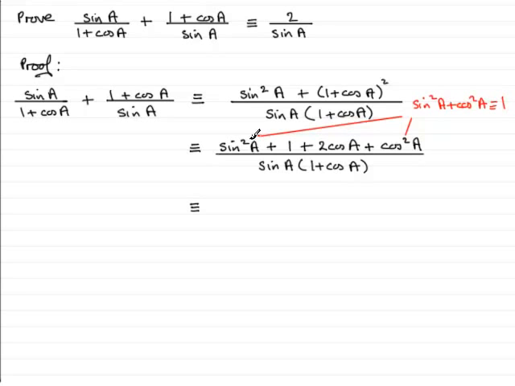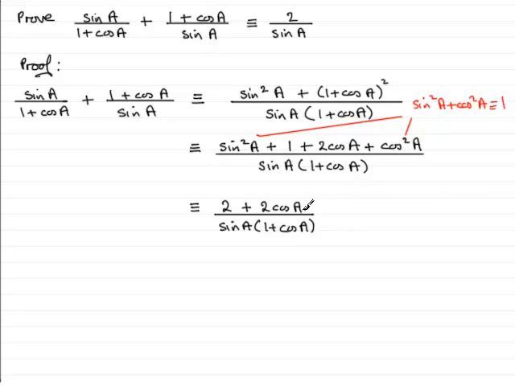So what I can do is replace that with a 1, add it to this one here, and what I've got is 2. 2 plus 2 cos A, and that's going to be divided by sine A multiplied by 1 plus cos A.